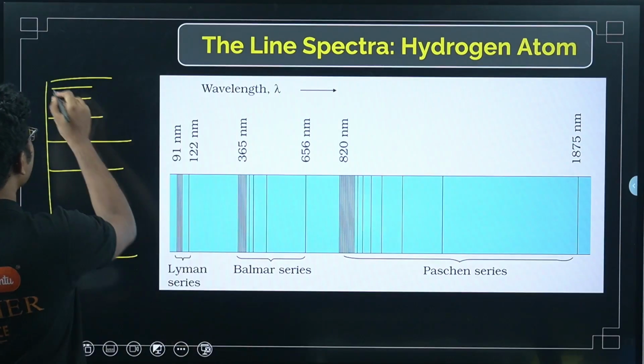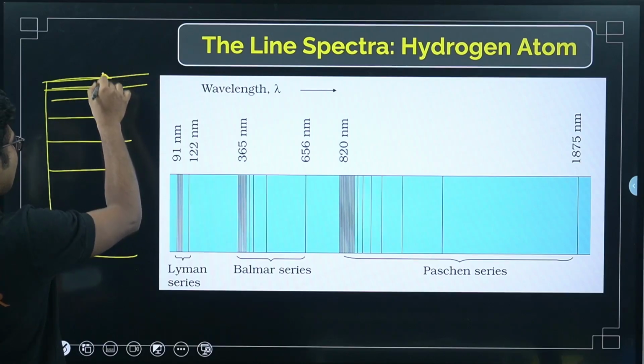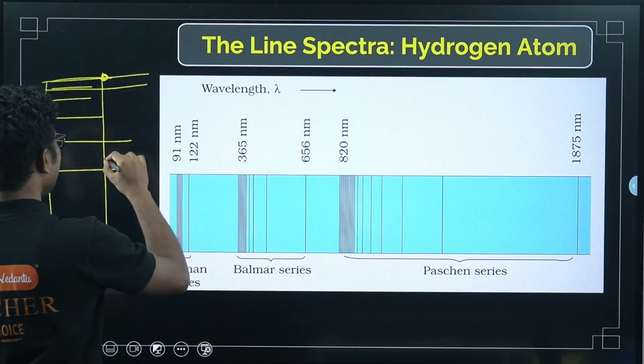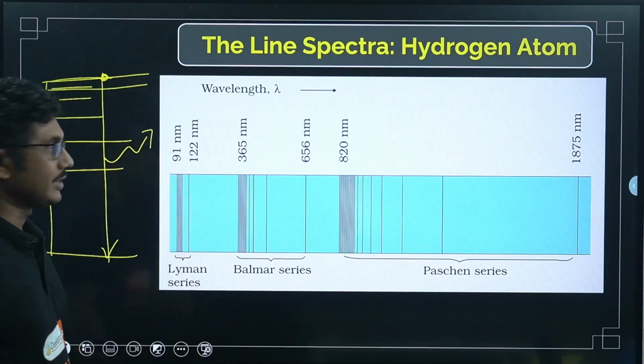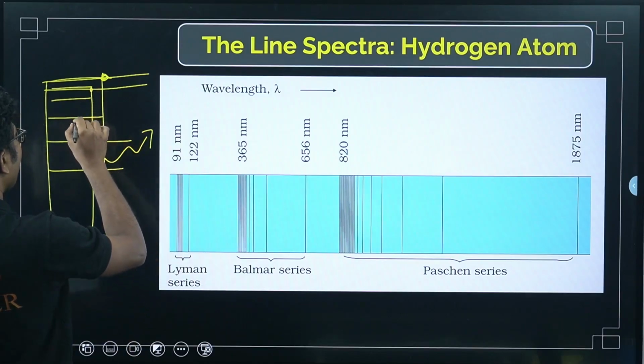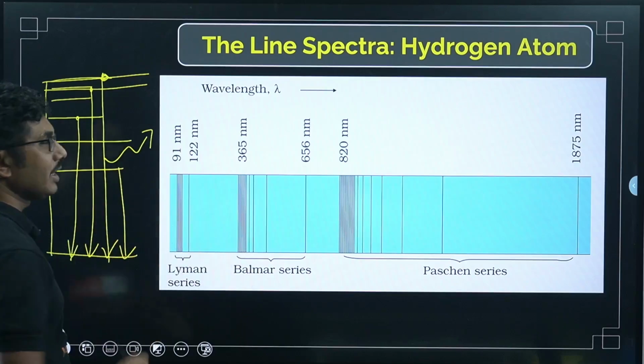So when an electron at a higher energy level jumps from this higher energy to the ground state, you will get a corresponding electromagnetic radiation. Now when all of them are coming to the ground state, you will get one of the series.